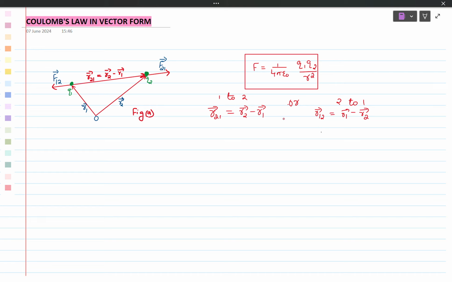You can see this vector r12 will be equal and opposite to vector r21. So we can write vector r12 equals negative vector r21, because r21 is vector r2 minus vector r1, and r12 is vector r1 minus vector r2. Hope you understood. So vector r12 will be equal and opposite to vector r21.